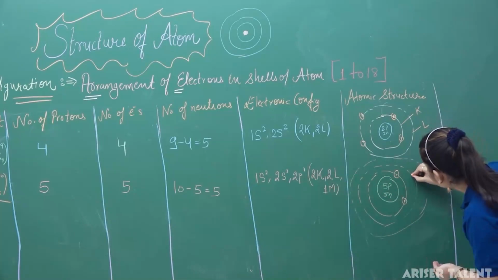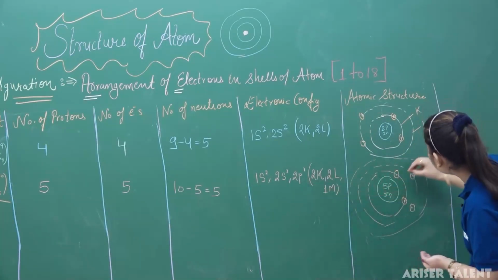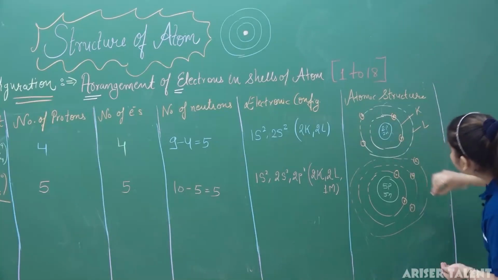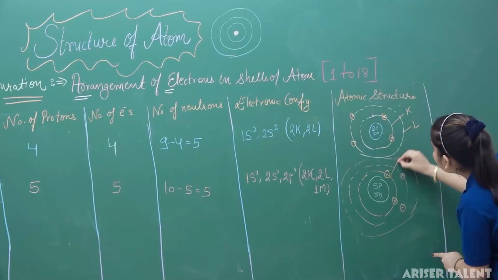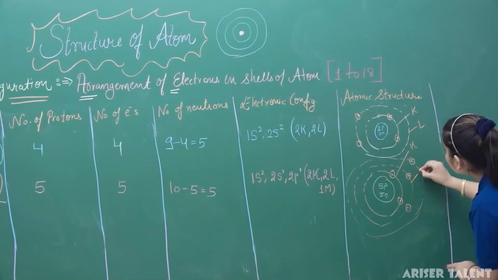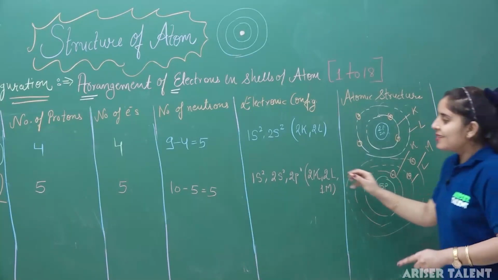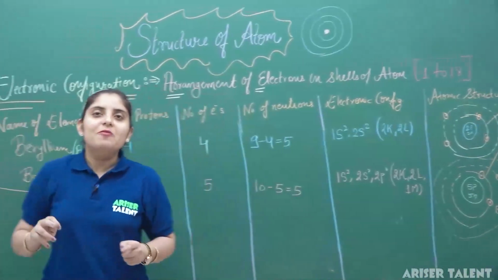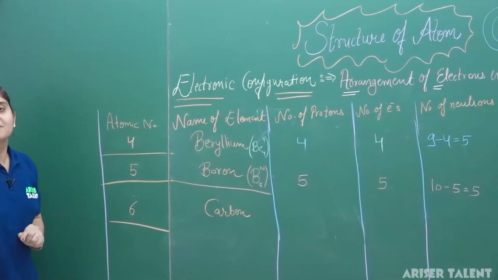In the s orbital we have again 2 electrons and in the p orbital we have only 1 electron. So 2 electrons here, 2 here and 1 here, and it can be designated as K, L and M shell. So its electronic configuration is 1s2, 2s2 and 2p1.